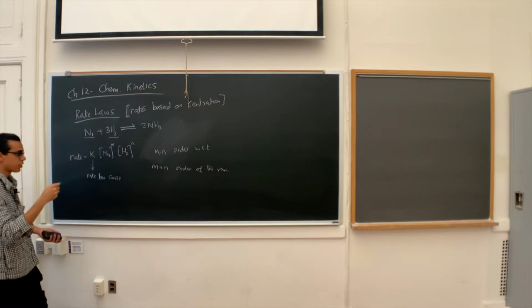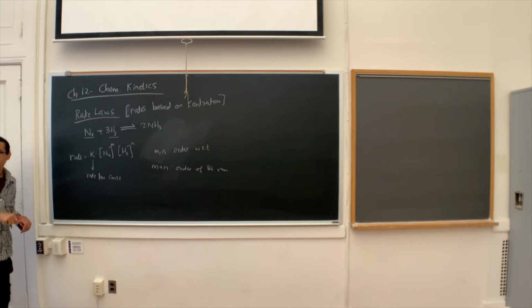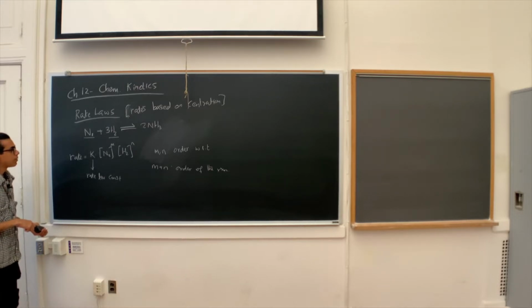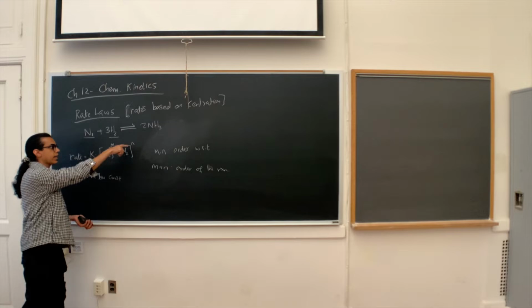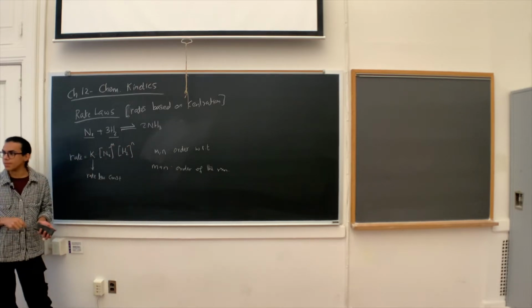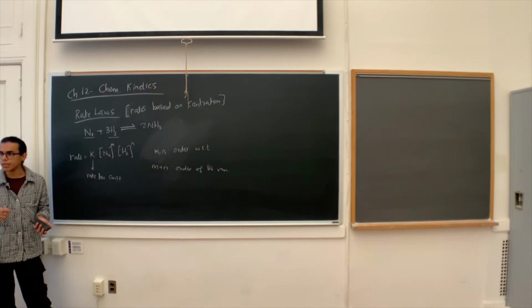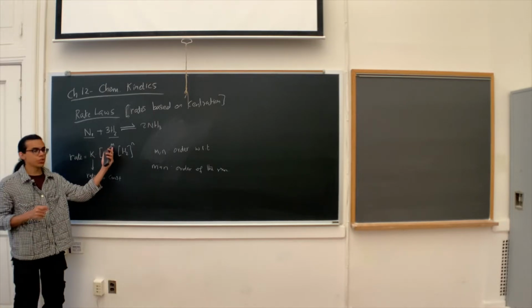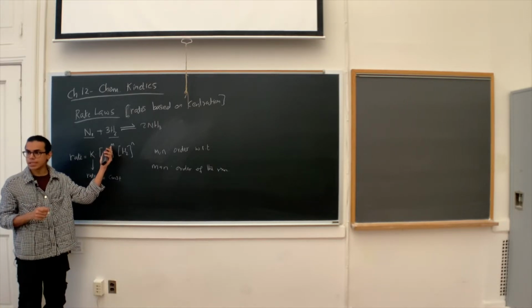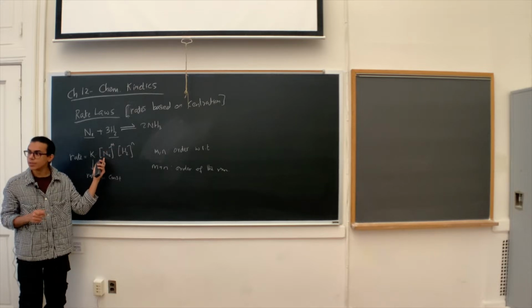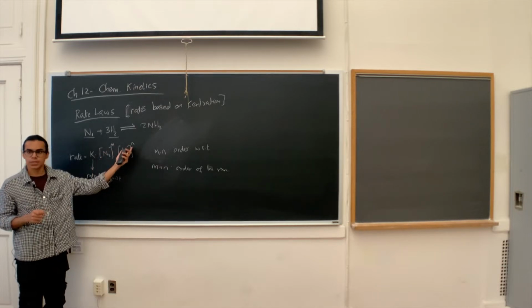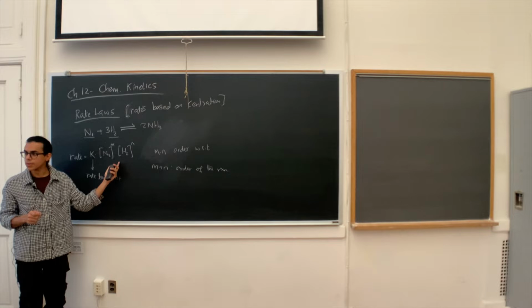And individually, it's order of the reaction with respect to that particular reactant. Okay? Great. m and n can be different. They could be some powers, 1, 2, 3, even 0. If m is 2, you would say that the reaction is second order with respect to N2. If n is 0, you would say it's 0th order with respect to H2, and so on.